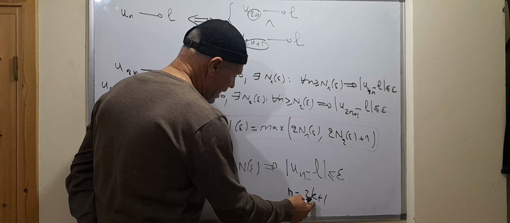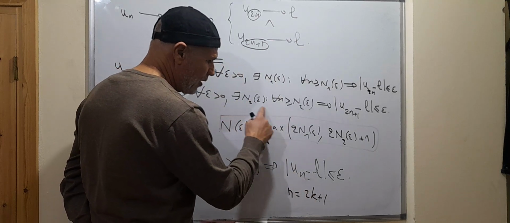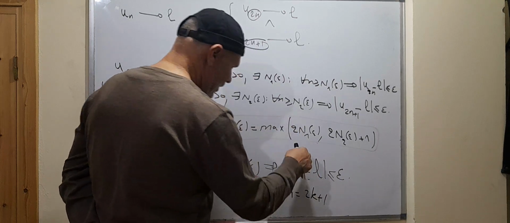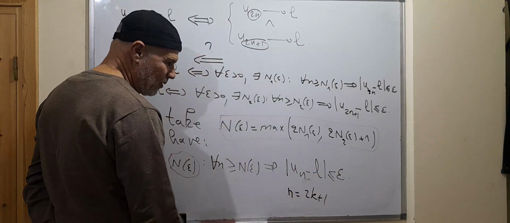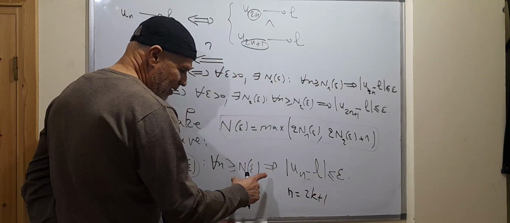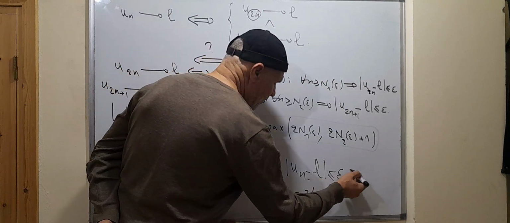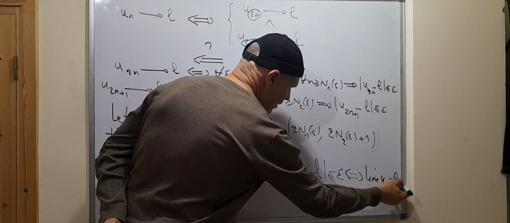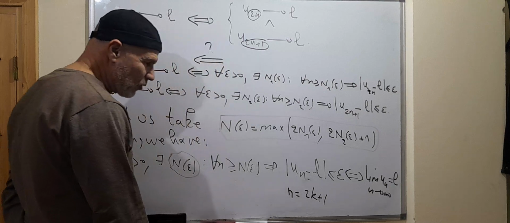This means that k is greater than n2(epsilon), which permits us to deduce that the difference between u_n and L is less than or equal to epsilon. And since this characterization is verified, this means that the limit of u_n is equal to L when n goes to plus infinity.